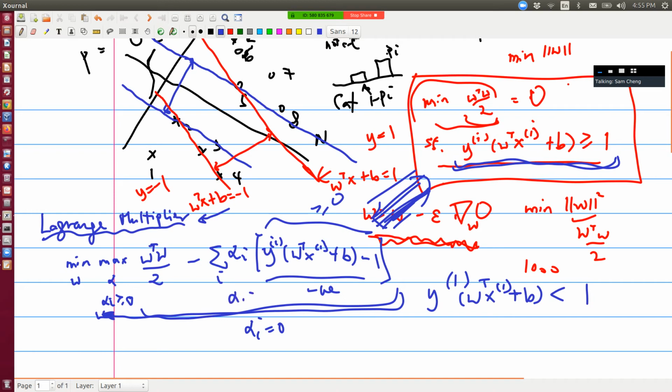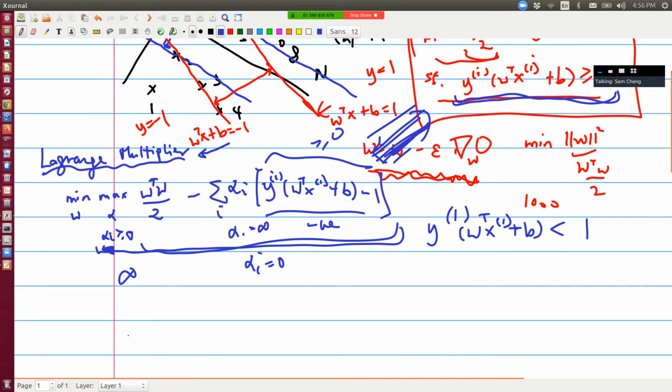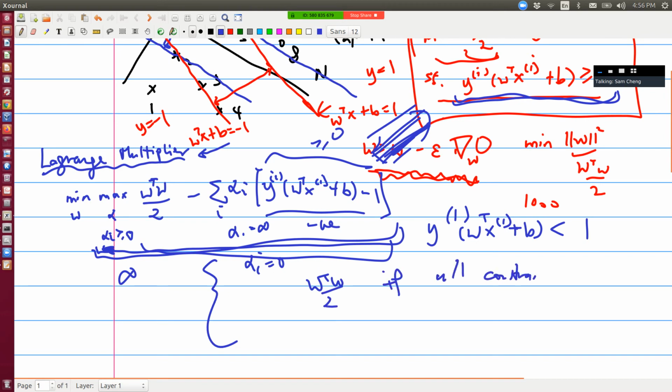So I can pick alpha 1 equal to infinity, and then this whole thing will be equal to infinity. So in summary, this part will be equal to W transpose W over 2 if all constraints are satisfied, or equal to infinity otherwise.